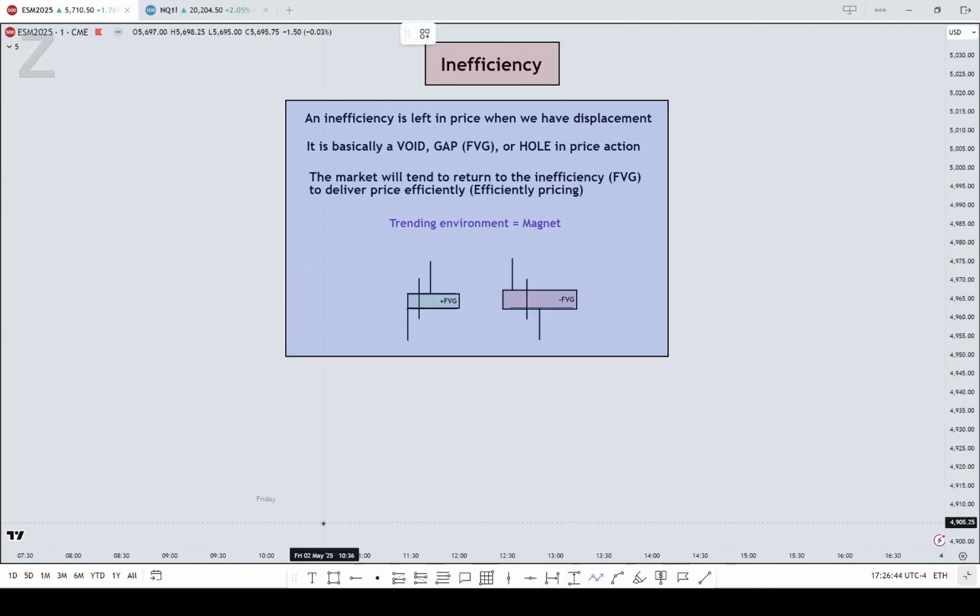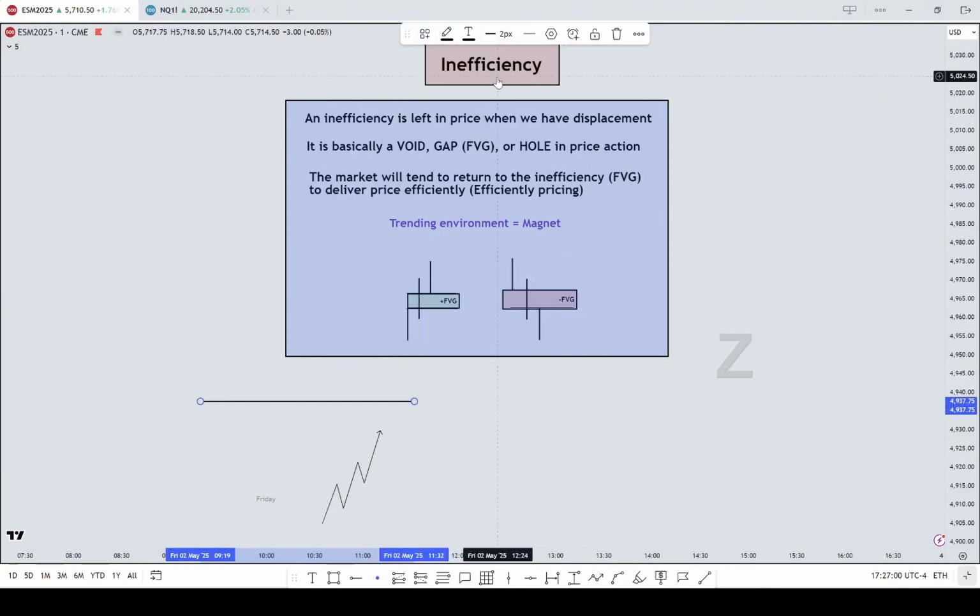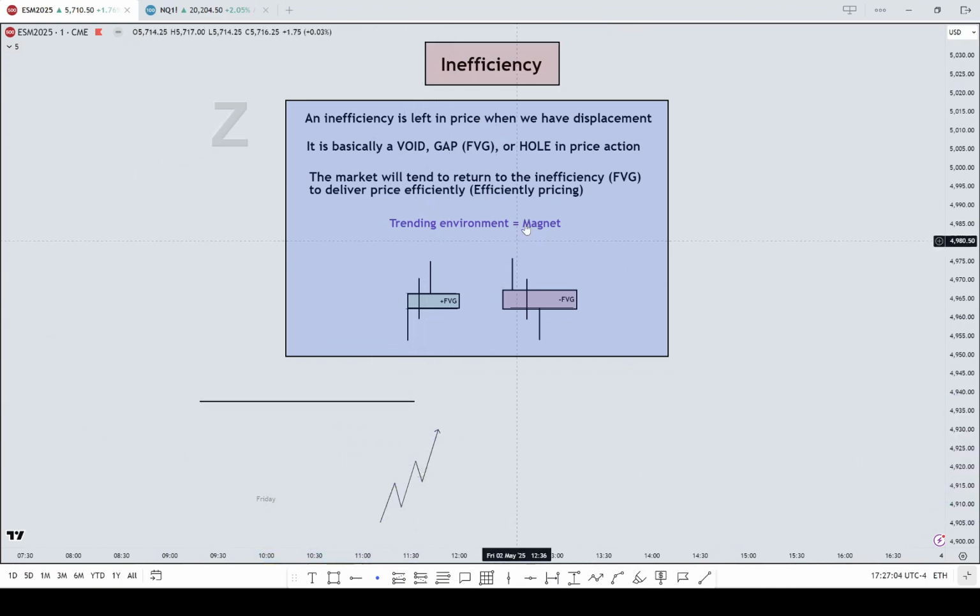Because when the market is trending, okay, like this, for price to deliver itself, or for the market makers, or for the algorithm to deliver price efficiently to a level of liquidity, they will have to price, remember, just efficiently, okay?